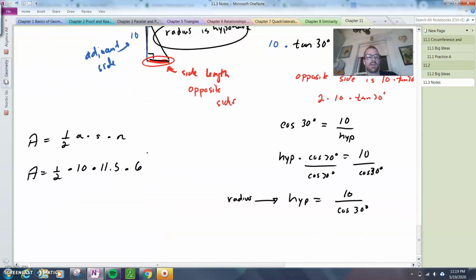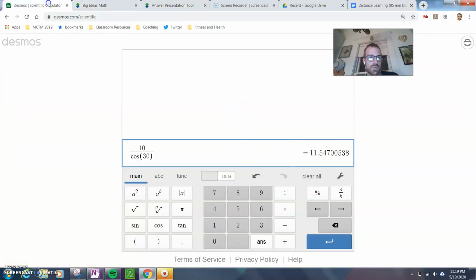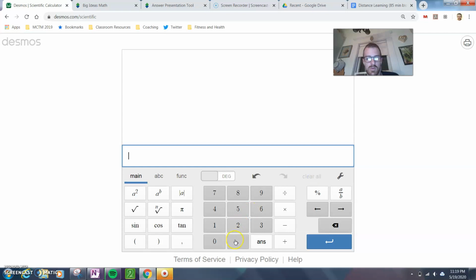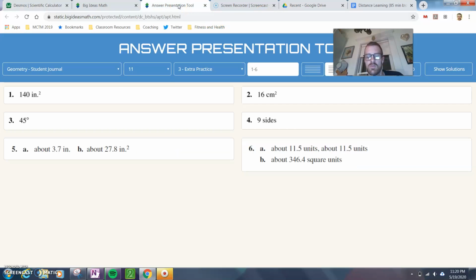So I'm going to plug all that into my calculator. I probably can't remember all that. So it was 1/2 times 10 times 11.5 for the side length, and times 6. 345 units squared. 346.4. All right.